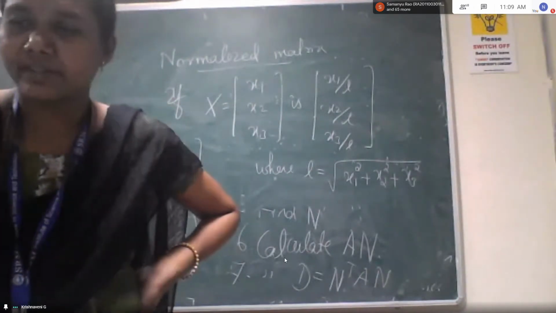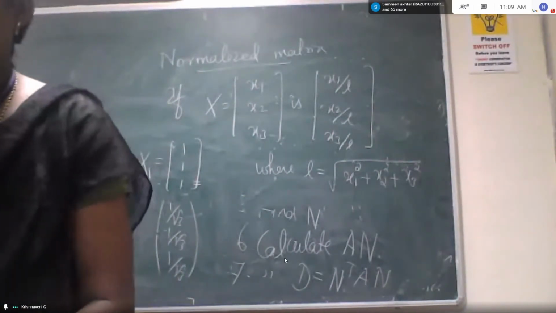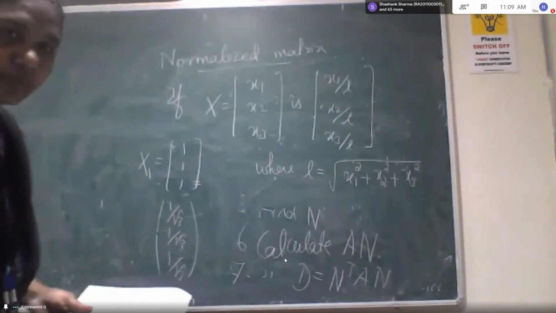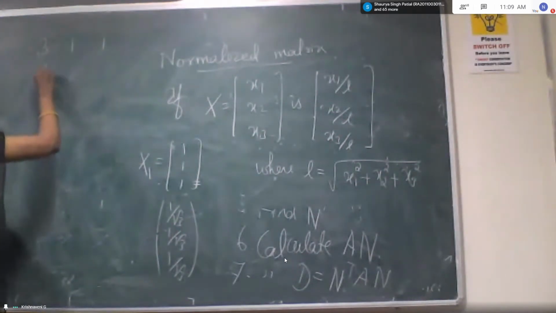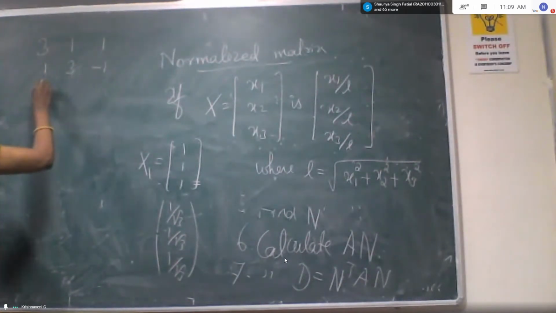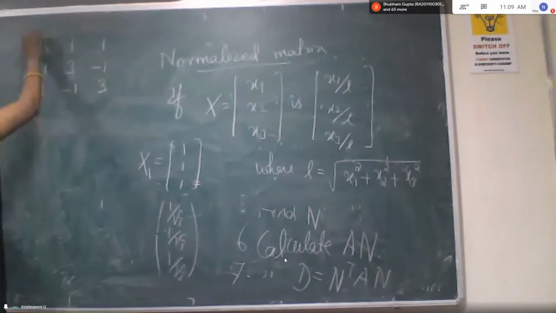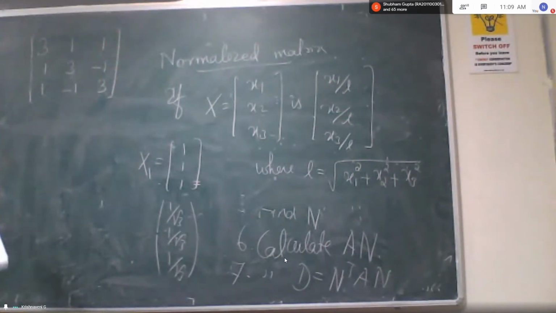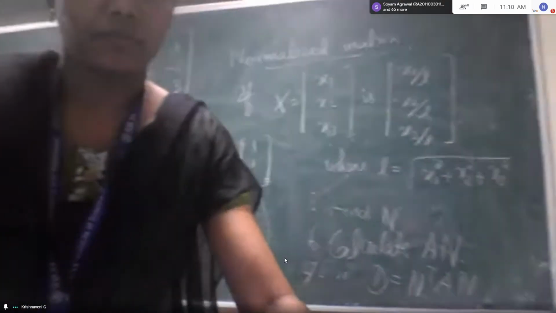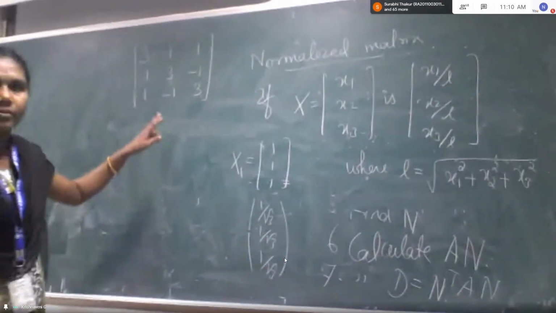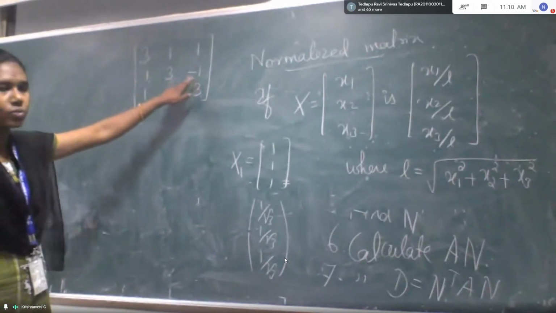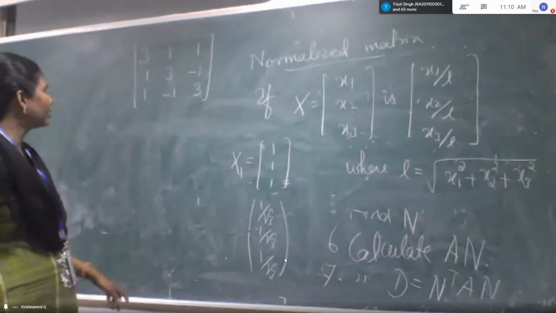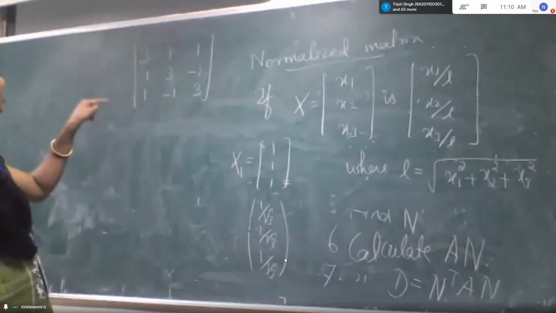Diagonalize the matrix: 3, 1, 1; 1, 3, minus 1; 1, minus 1, 3.